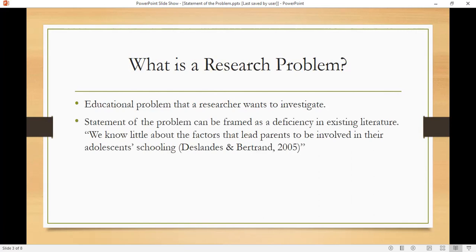We can see it in further detail. The statement of the problem can be framed as a deficiency in existing literature. For example, we know little about the factors that lead parents to be involved in their adolescents' schooling. It should be stated very clearly. It means the research problem should be stated very clearly.